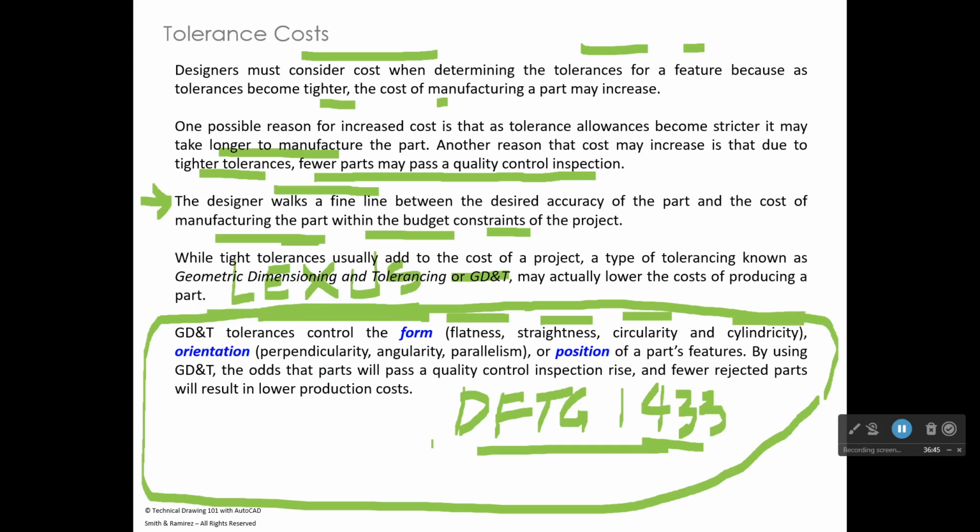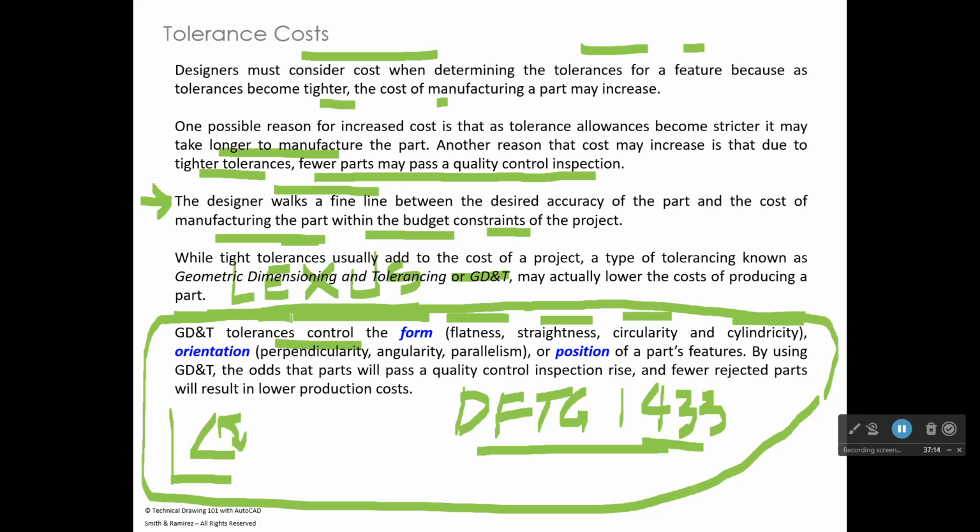We can also say, let's say you have two planes that meet each other right here, how perpendicular do they have to be? And if you have angles, how precise does the angle have to be? So these are other ways of controlling your parts, not just size, but also the form. So how parallel, how perpendicular, how flat, those sorts of things.